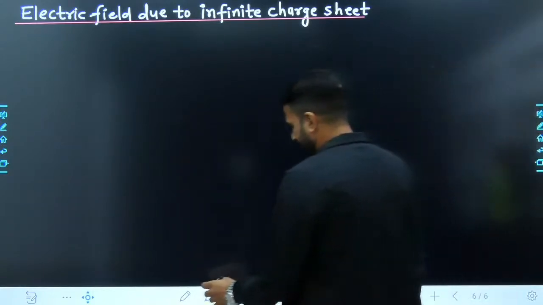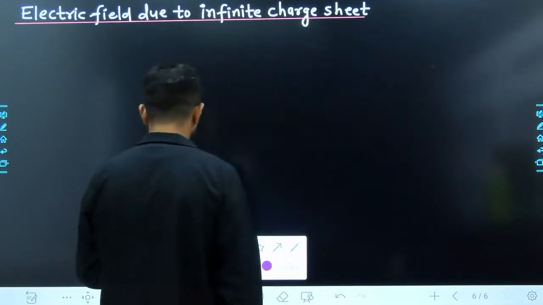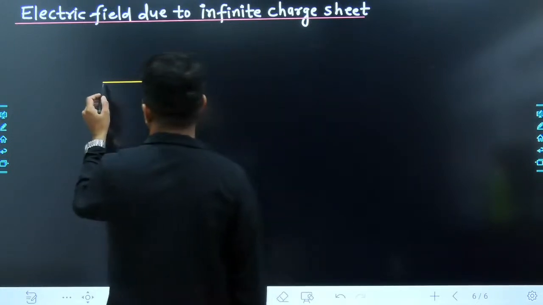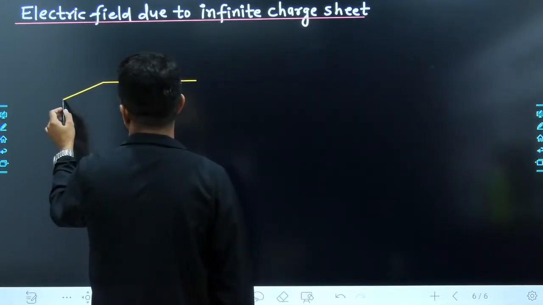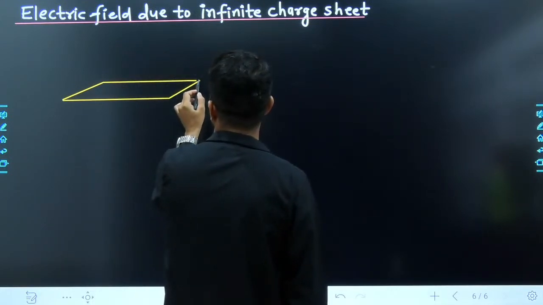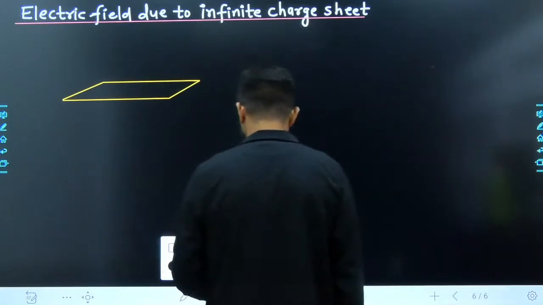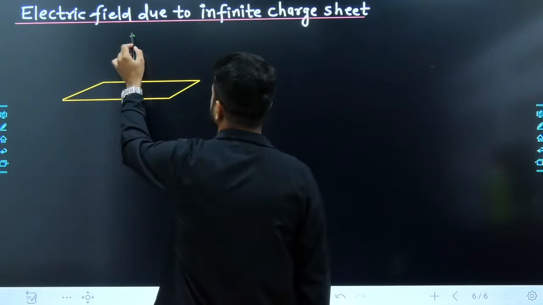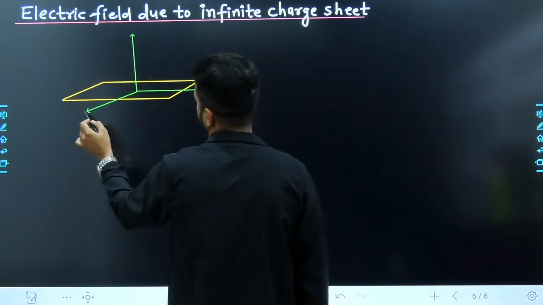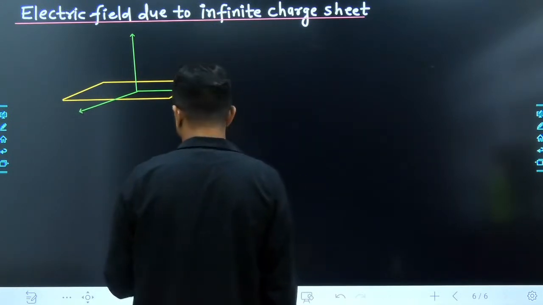Okay. Now, because of the infinite charge sheet, suppose we are having the charge sheet like this. The charges are present here.